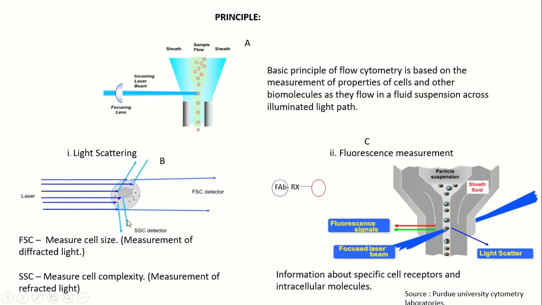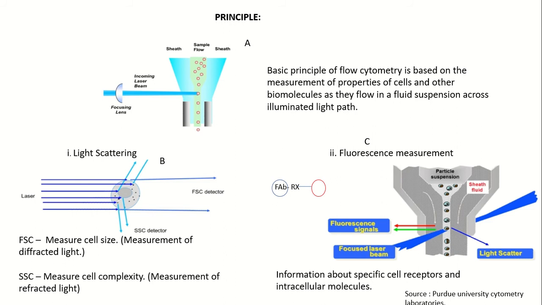Better to say it is due to the change of refractive index. Light interacts with the inside granules and undergoes scattering at 90 degrees, which can be detected by placing a detector at 90 degrees to that path.